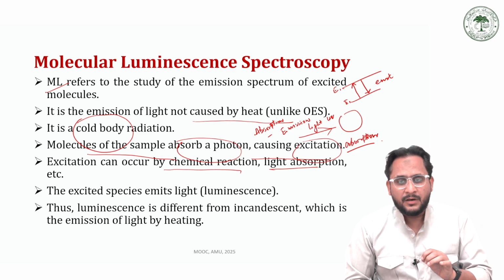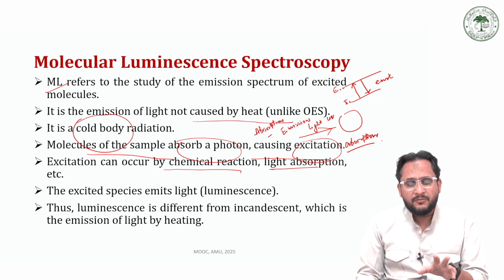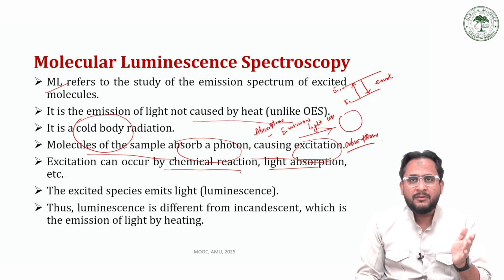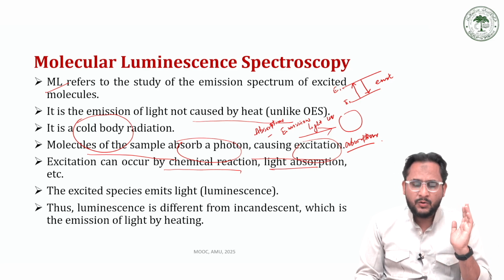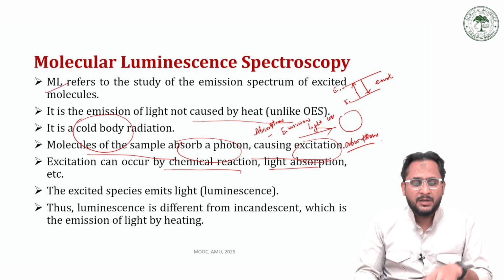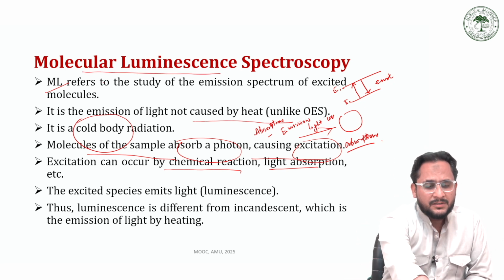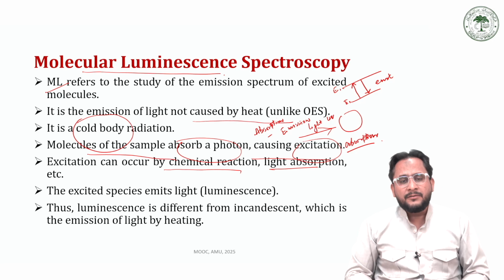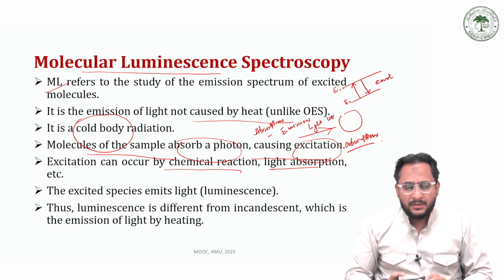It is also a type of molecular luminescence, created by the energy provided by a chemical reaction. So in a broader sense, molecular luminescence refers to the emission of light from a sample either by absorption of light radiation or by a chemical reaction.